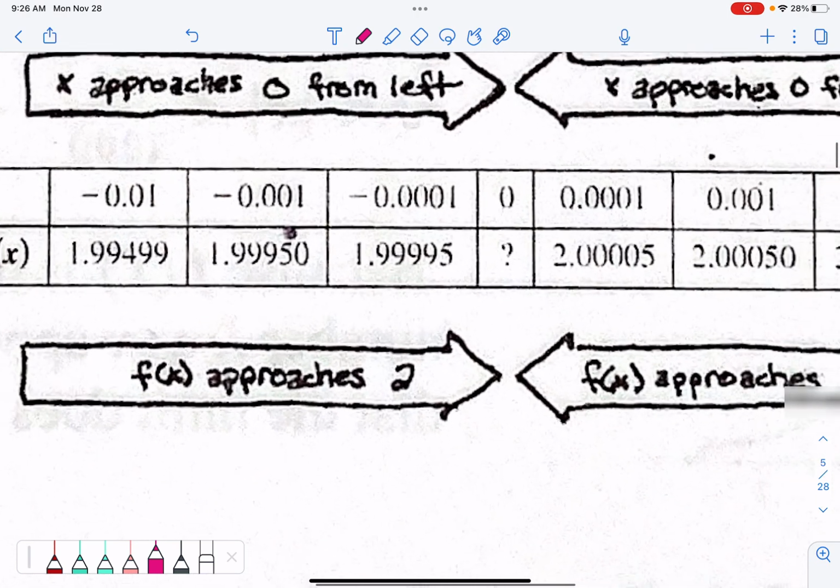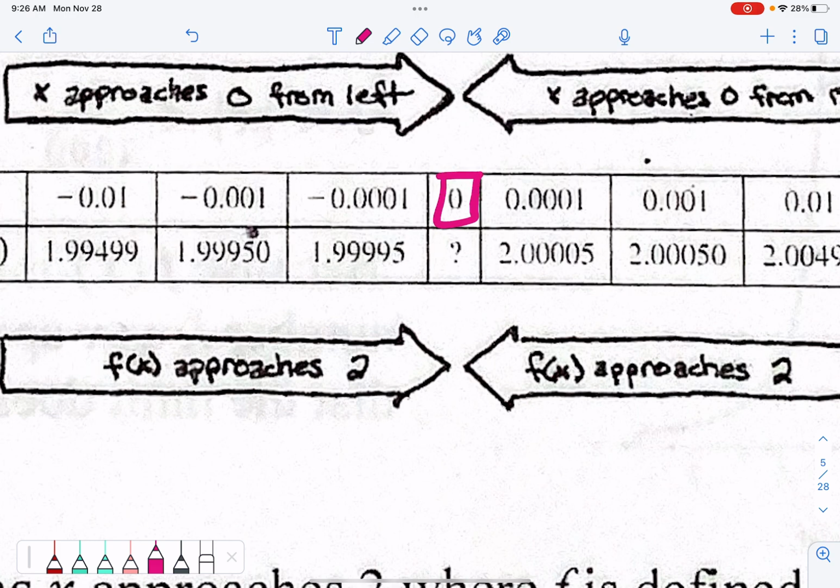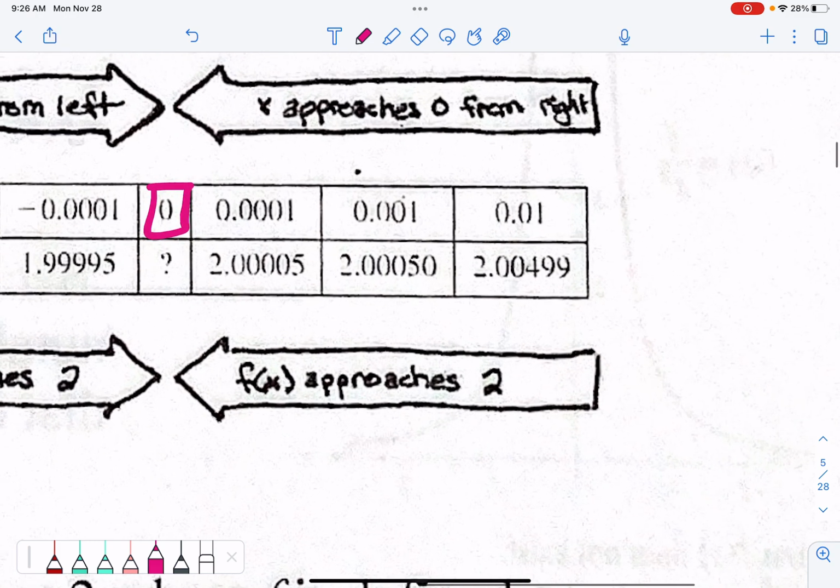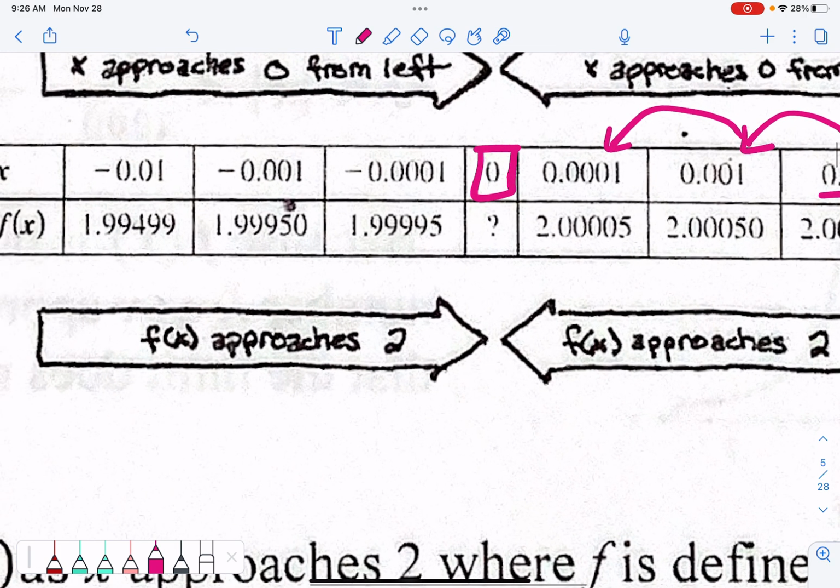So what I do is I look at the table, and here's where 0 is, and we started at like 0.01, and then we went 0.001, and then we went 0.00001 or whatever, right? Then we did the negative ones as well, and we're inching closer and closer to 0 to figure out what this value is. This one ends up being 1.99995. This is 2.000005, whatever.